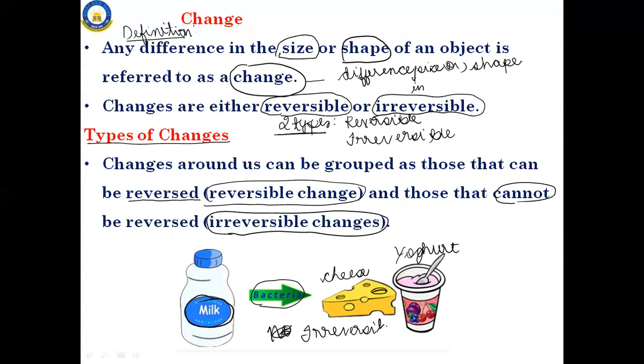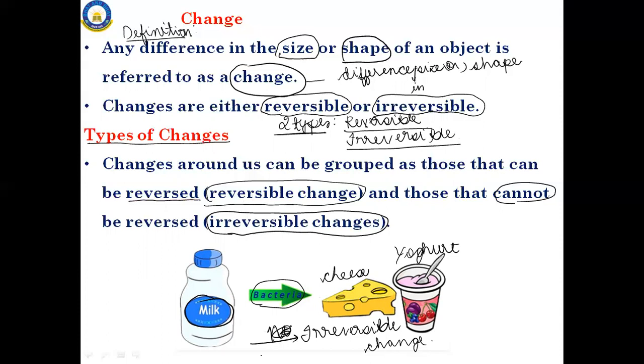I hope you all got my idea. There are two types of changes: reversible change and irreversible change. If anything can be reversed back to its original form, we call it reversible change, and if anything cannot be reversed back, we call it irreversible change.